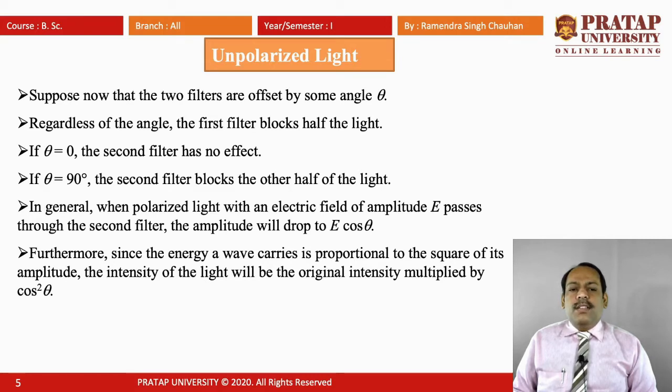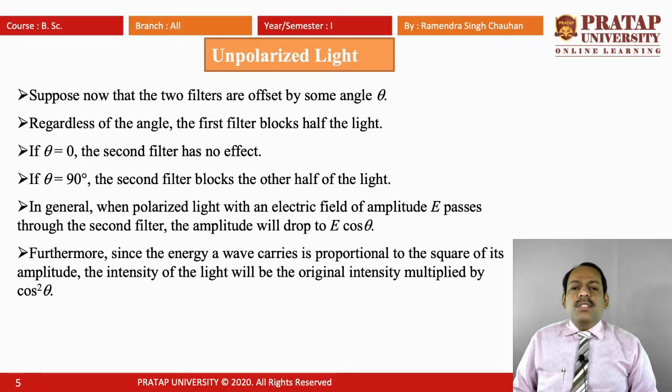So we can say that if any incident light has amplitude E of electric vector, then that E will have two components for filter 1, that is E cos theta and E sin theta. Since the perpendicular component E sin theta will be blocked, only the parallel component E cos theta will be passed through filter 1.